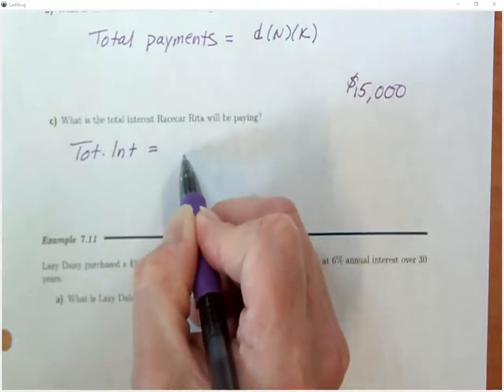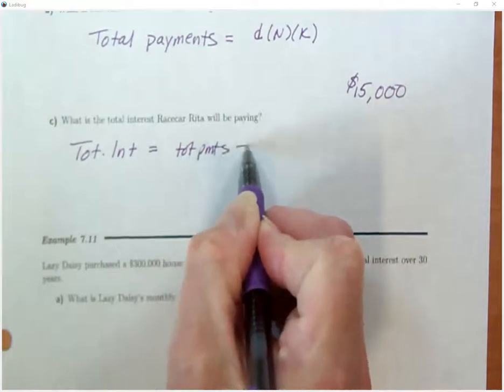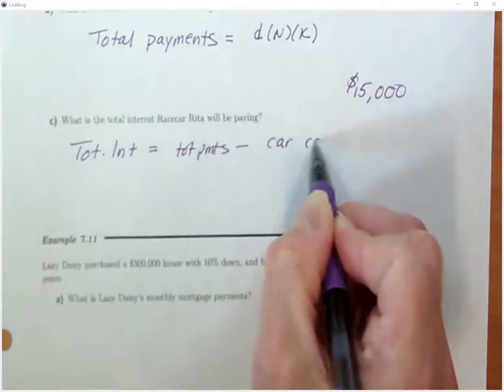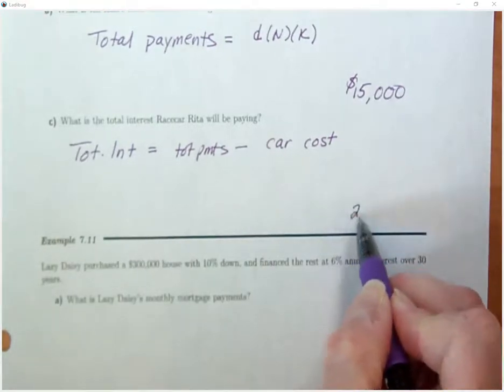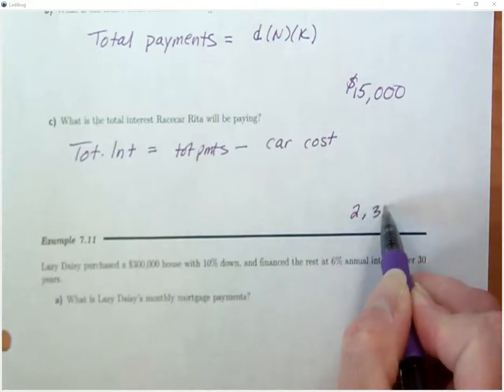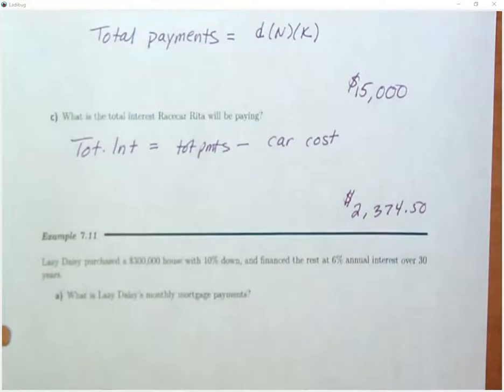So this one is going to be your total payments minus the car cost, or the value, like what she's supposedly paying, and that should come out to be $2,374.50, like extra as opposed to if she paid cash.